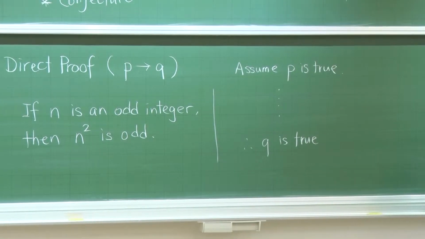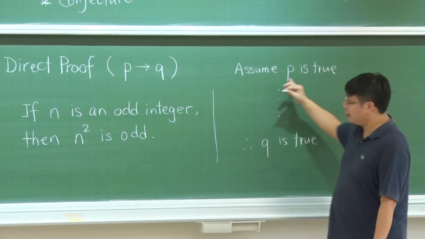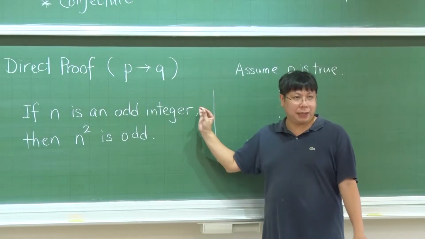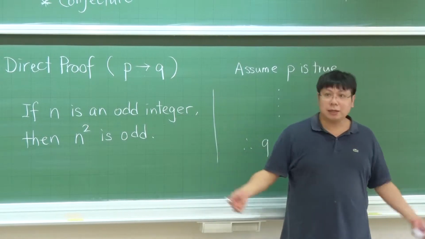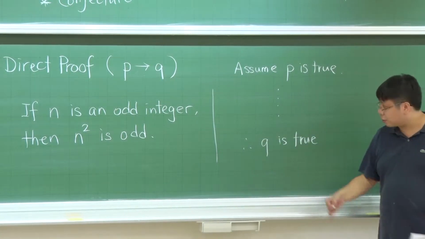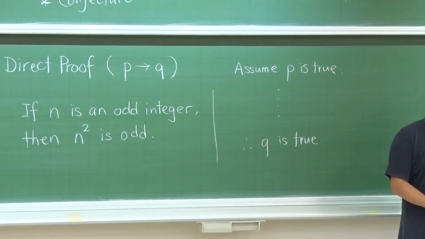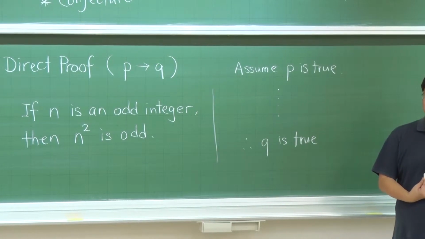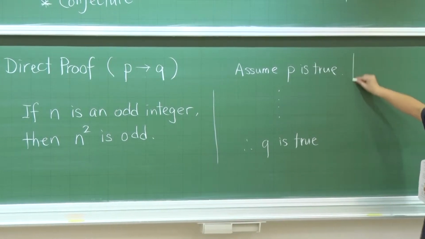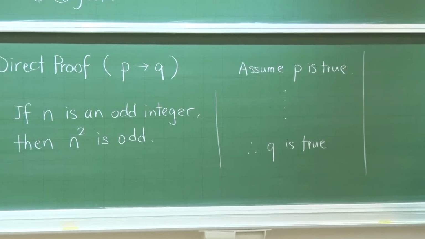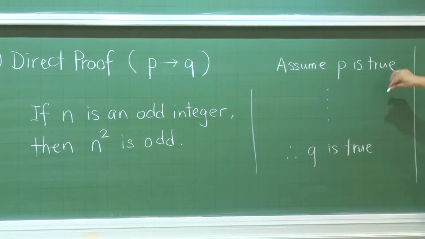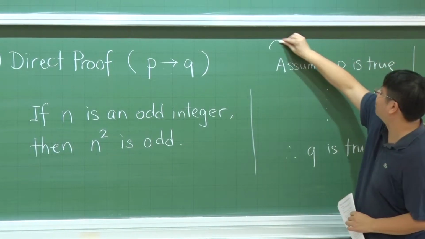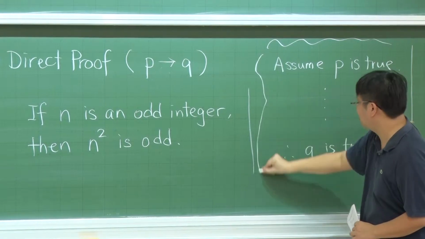This is why it is called direct proof, because we directly assume that the P part is true already, and then we go on to conclude that Q is true afterwards. Okay? This is the form that we are going to use.